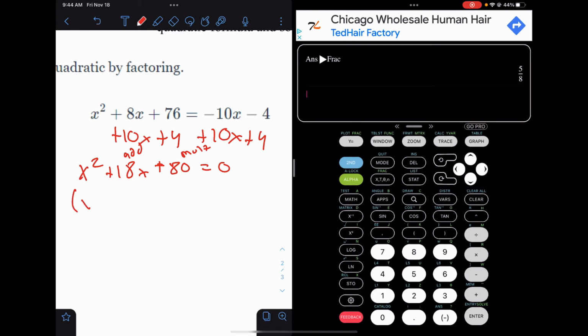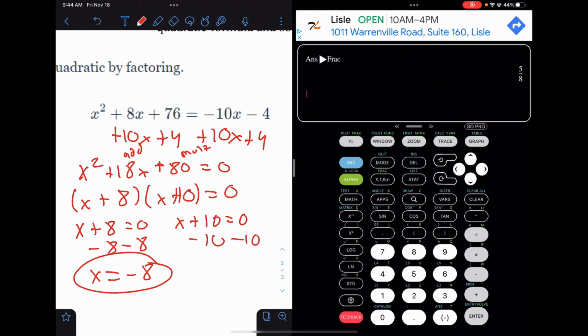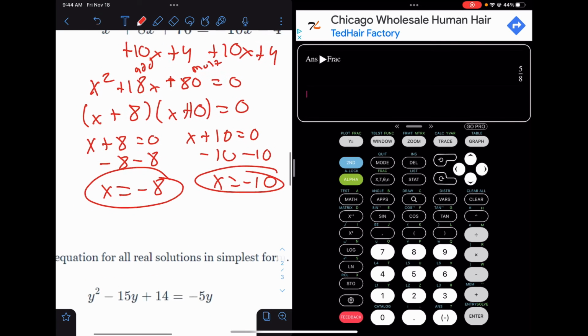So I can factor this doing x plus 8 and x plus 10. And then once I factor, I set my factors equal to 0. So I do x plus 8 equals 0, x plus 10 equals 0. And then we solve, and we get x is negative 8, and we get x is negative 10. All right, so that is the factoring method.